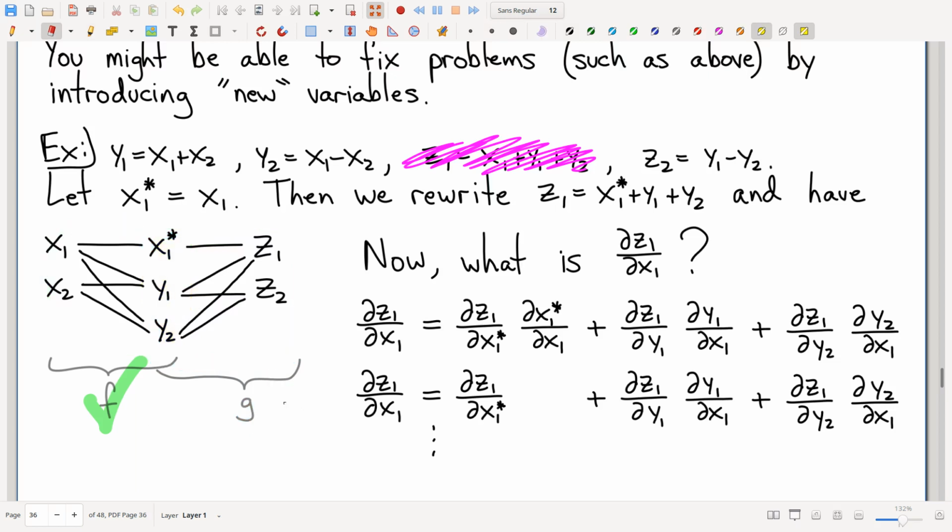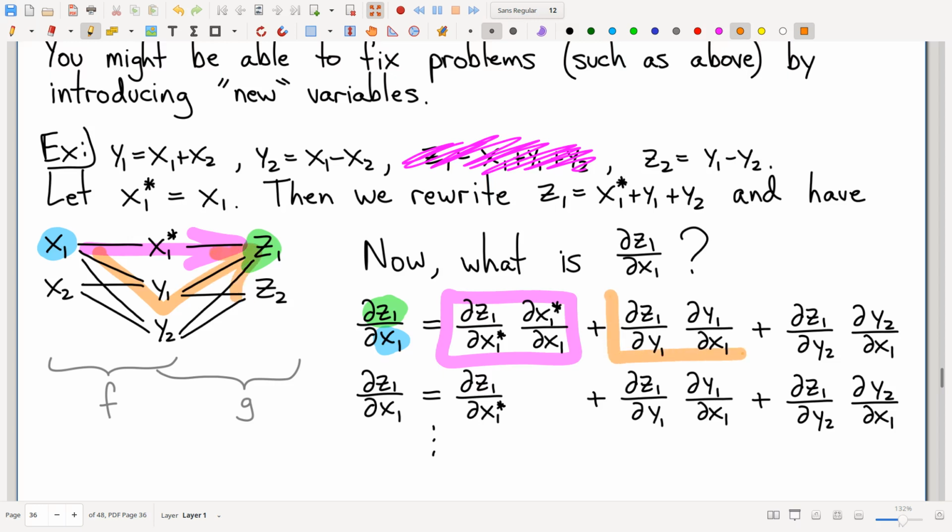And specifically, looking at the partial of z1 with respect to x1, I get an x1 star term and a y1 term and a y2 term.